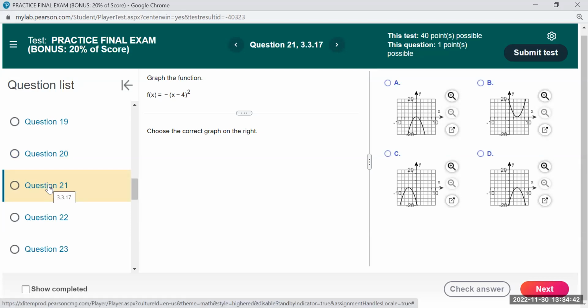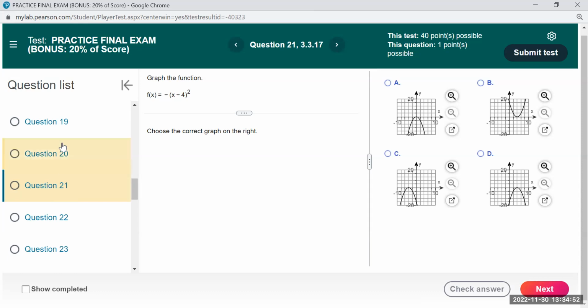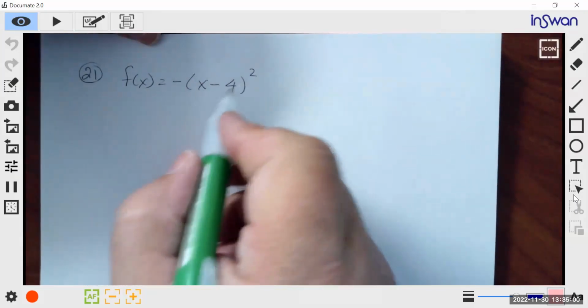21. Graph the function f of x equals negative x minus 4 squared. Okay, let's look at the transformation.